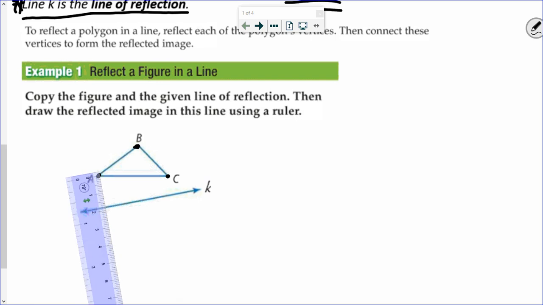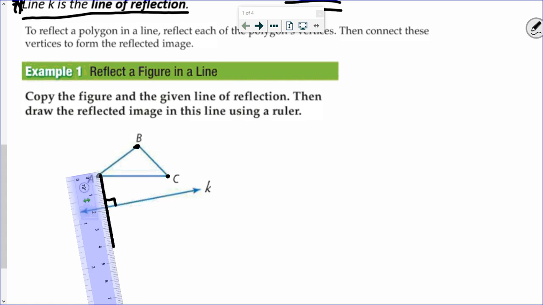I think that's about a 90-degree angle. I'm not going to be too technical here, but that angle right there is about 90 degrees, I would think. So we make our line perpendicular to it.